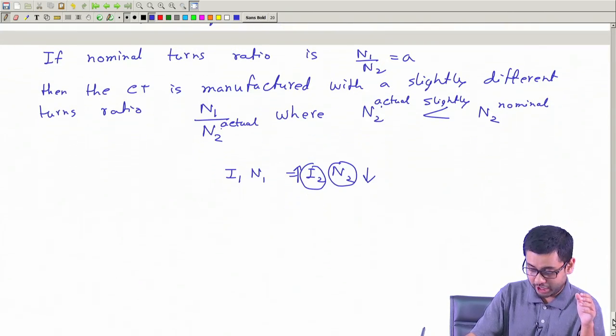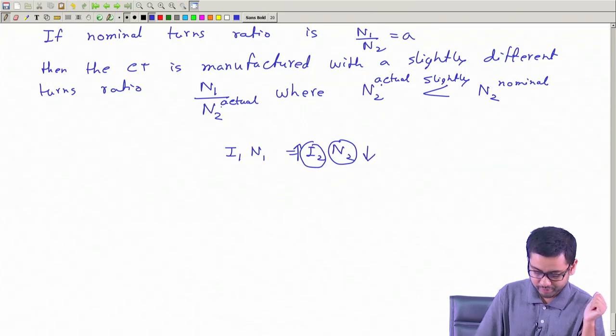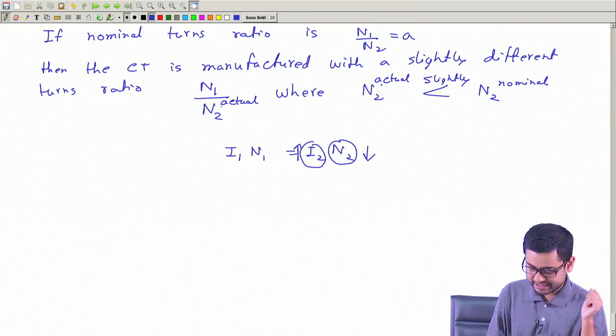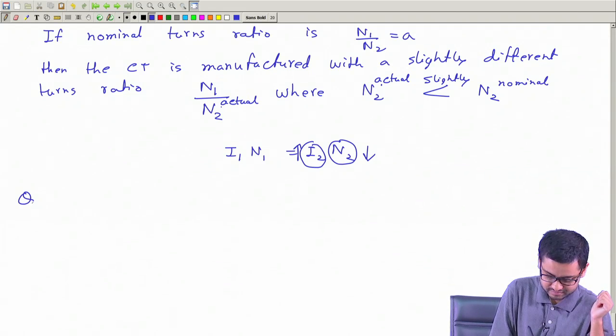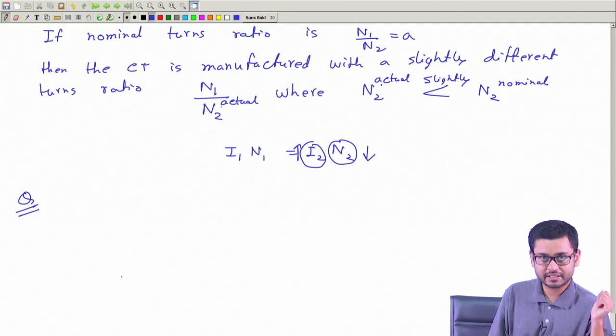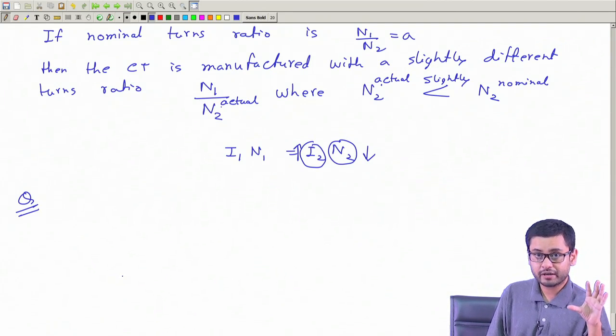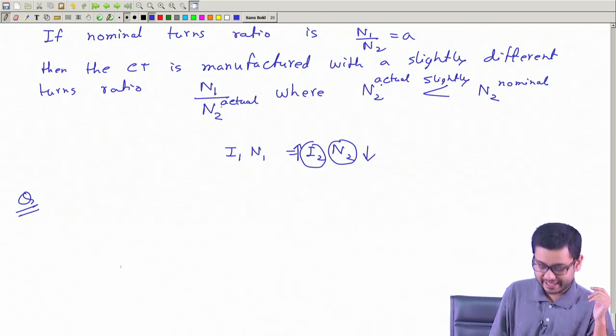Now I will discuss a very important point about CT. You might have heard that a CT should never be kept open circuited.